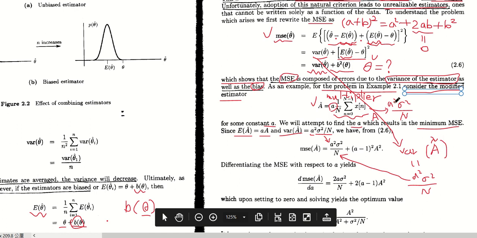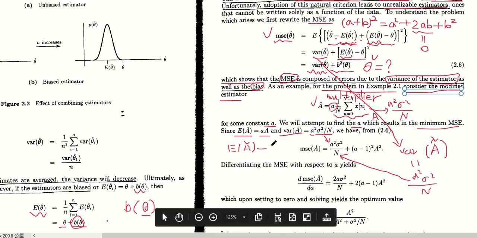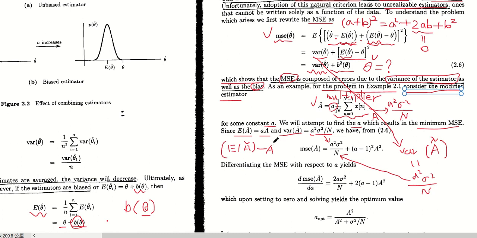And then E of theta hat is E of a times A hat, minus A, and remember you have a square.